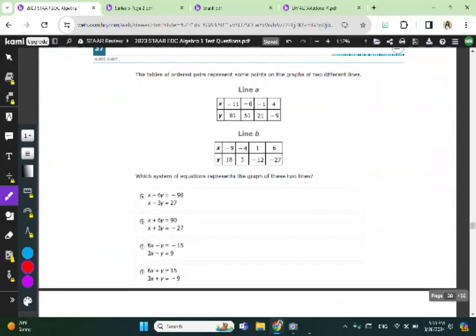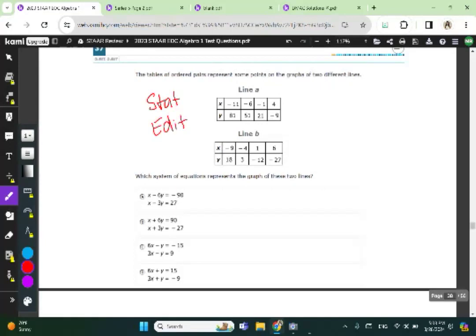Number 37 is one we did together as a group, just because it is a system of equations. I can't remember what the answer was though. So here we go. These are tables, and for any type of table you want to use stat edit.